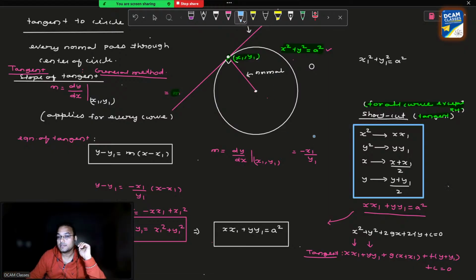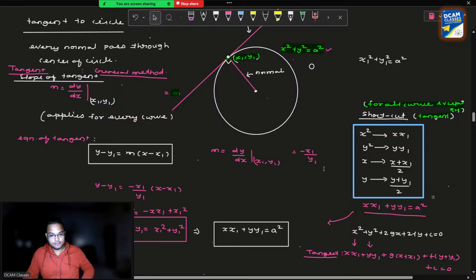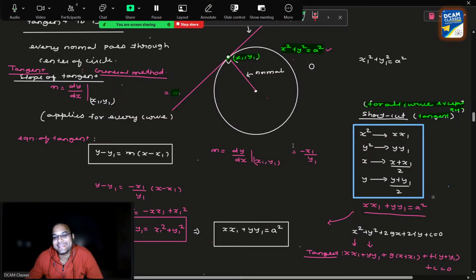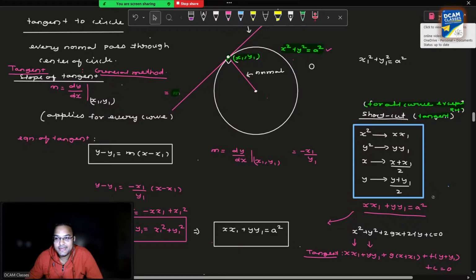You say, sir, I got it, only when you have actually got it, because then you will have to find the equation of the tangent to the parabola. Okay. No one is saying anything.